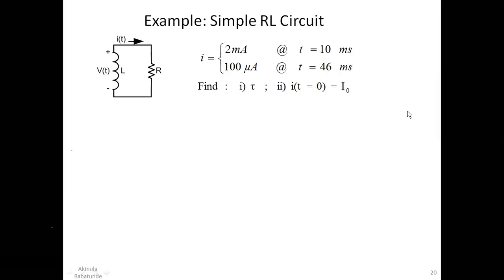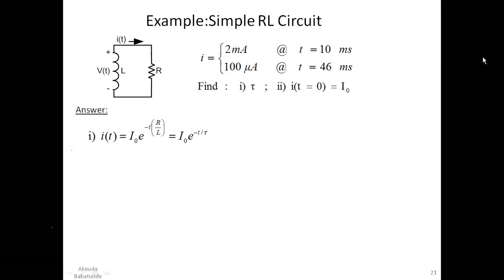Okay, so how do we deal with this situation? We do know that our I of t is equal to I naught exponential minus t R over L. We do know that our tau is going to be equal to L over R, so this simplifies to I naught exponential minus t over tau.